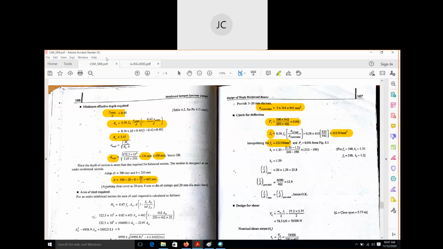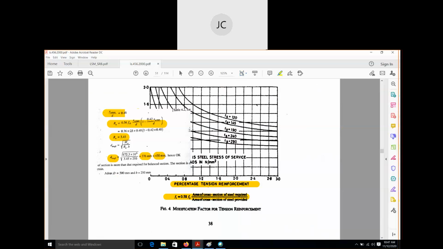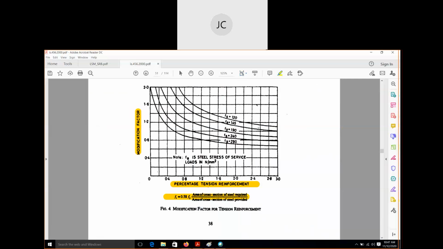But in this curve you can see there is no value given for Fs equal to 212. For Fs equal to 190, one curve is given, and for Fs equal to 240, one curve is given. But we need the value at 212.